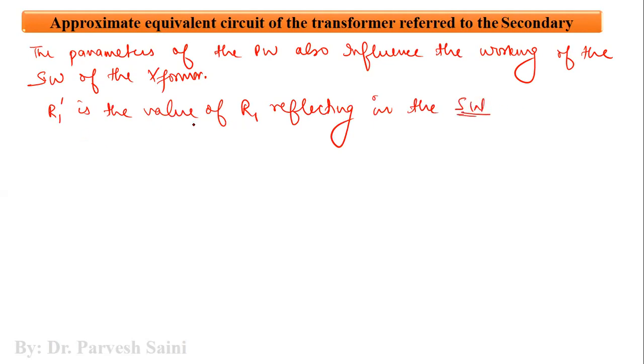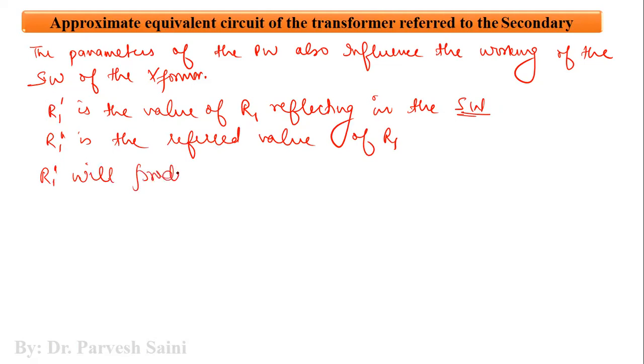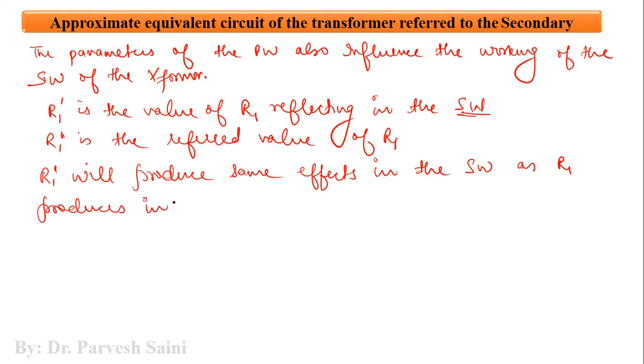That means this R1 dash is the referred value of R1. So R1 dash will produce the same effect in the secondary winding as R1 produces in the primary winding, right?